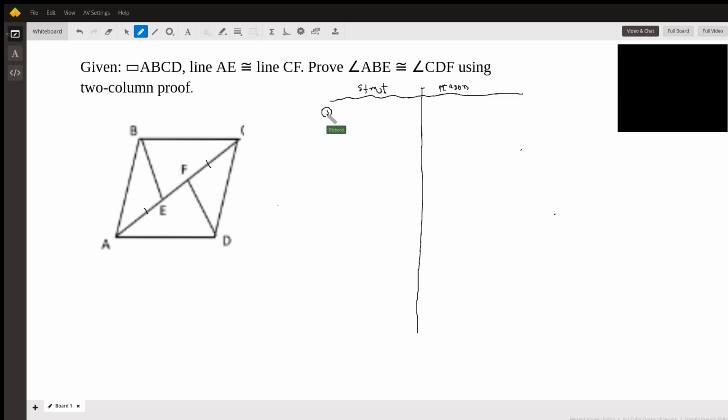We're just going to say that ABC is a parallelogram, and that line segment AE is congruent to line segment CF, and those are things that are given to us.